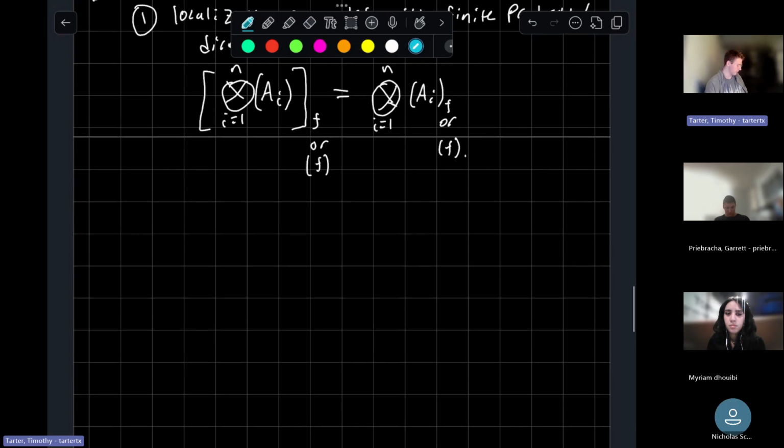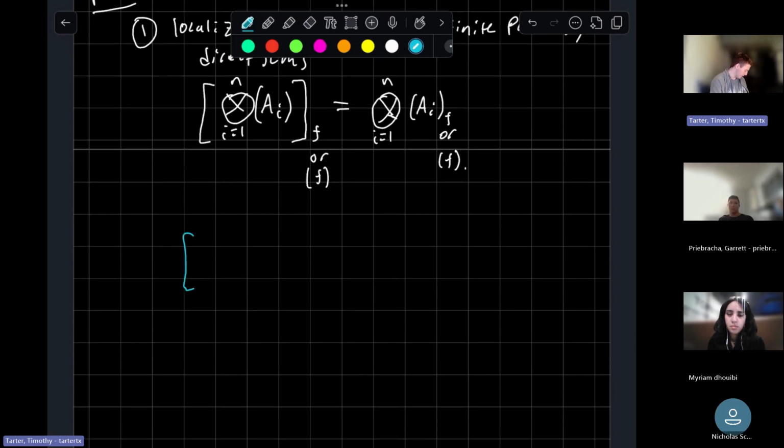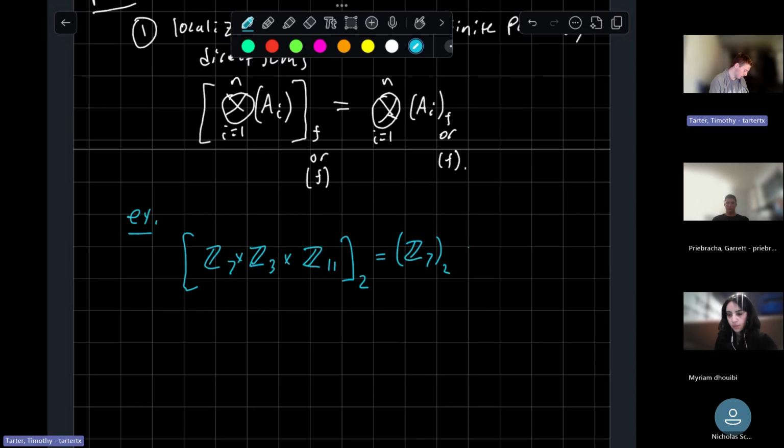As a computational example, just kind of using our thing, maybe Z2 cross Z3 cross, let's pick something larger. Z7 cross Z3 cross Z11 localized at 2 is equal to Z7 localized at 2 cross Z3 localized at 2 cross Z11 localized at 2.